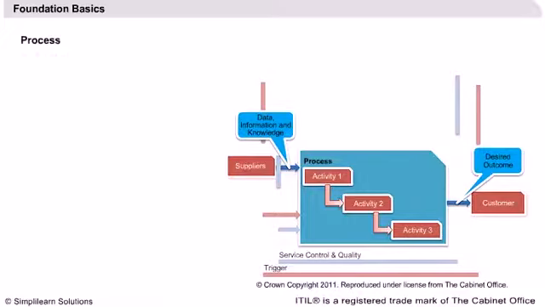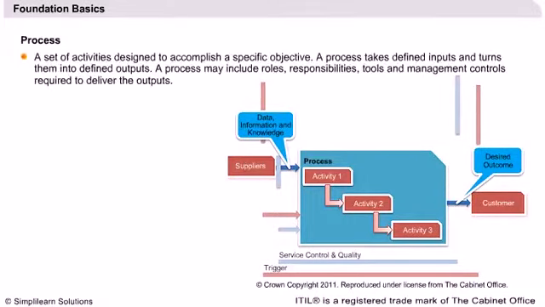The process is defined as a set of activities designed to accomplish a specific objective. A process takes defined inputs and turns them into defined outputs. A process may include roles, responsibilities, tools, and management controls required to deliver the outputs.